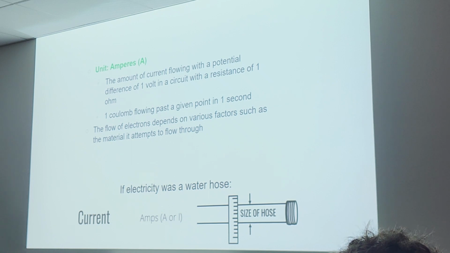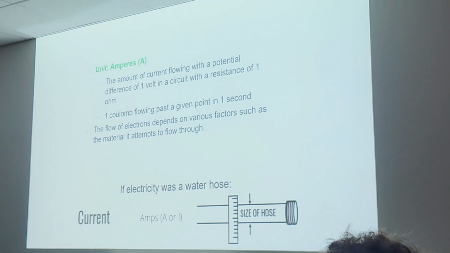If it's a very good conductor, you're going to have a lot more electrons flowing through, so a lot more current. Current can be described as kind of like the size of the hose. If you were watering your garden with a very thick hose, you would have a lot more water coming out, correct? And if you had a very narrow hose, you would have very little water.